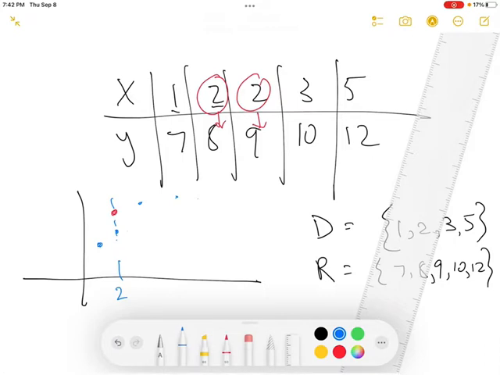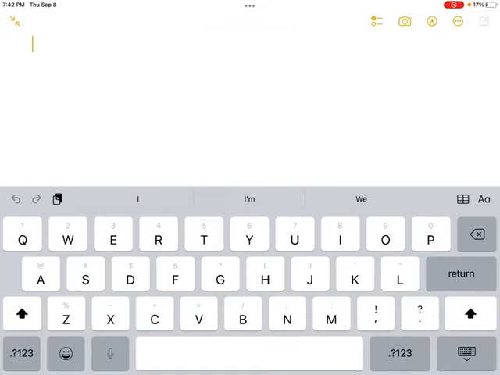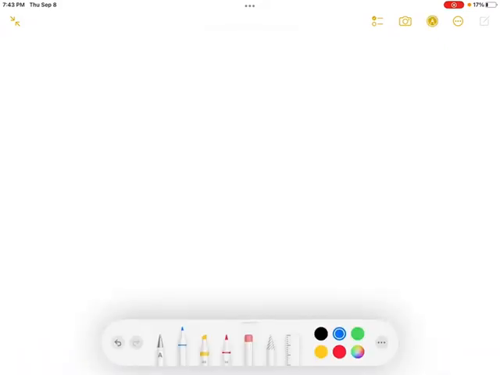All right, let's talk about another one. Let's take a look at functions. So let's say a function is f of x is equal to 2x plus 1.